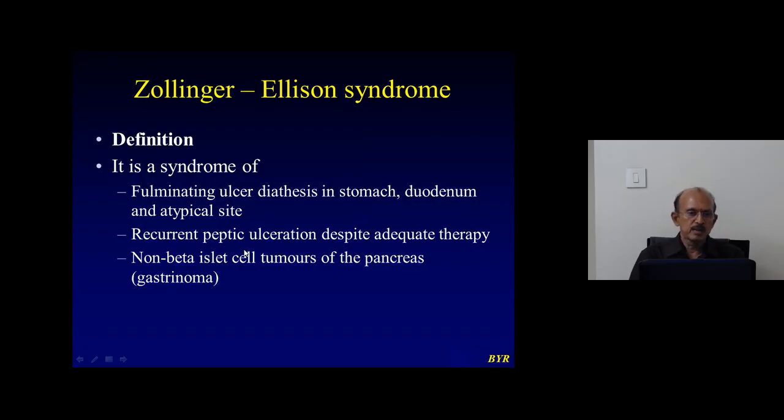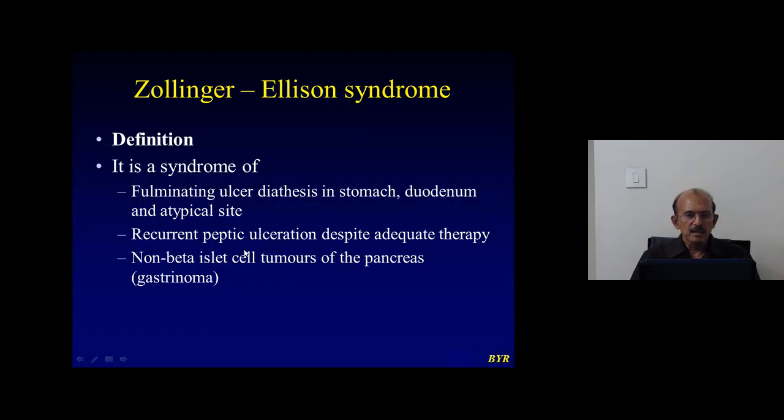In the earlier stage, when Zollinger discovered this particular syndrome, he studied the pancreatic tumors, and then only alpha and beta cells were known. The other cells were not known.